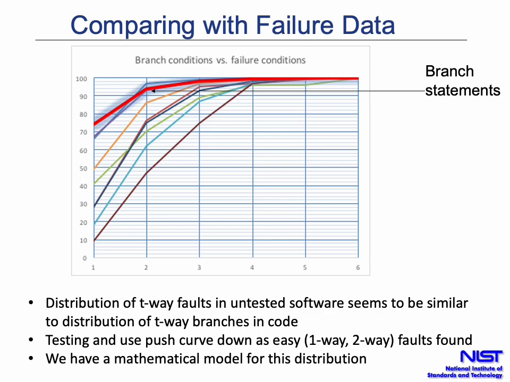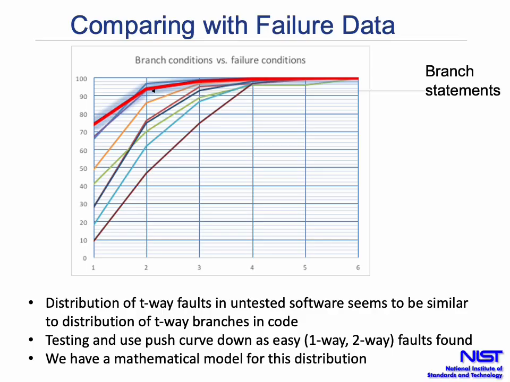So what may be happening is that as the code is heavily tested or heavily used, we basically push the curve down and to the right, in other words, shaking out all of the easy one or two factor faults and arriving at a curve that looks like the ones near the bottom of this distribution.